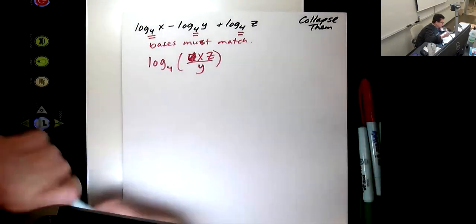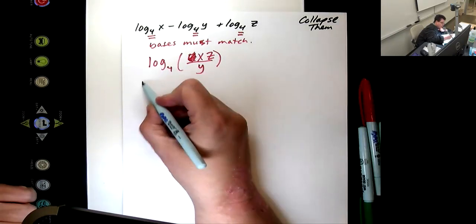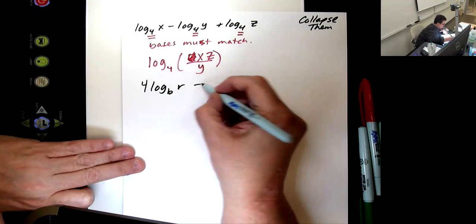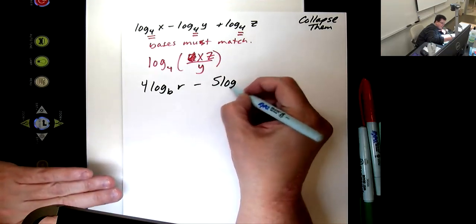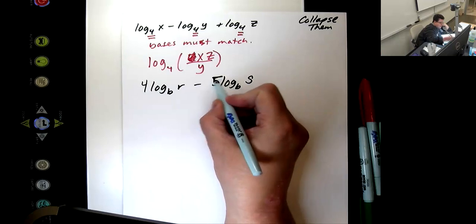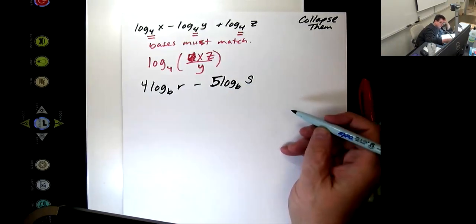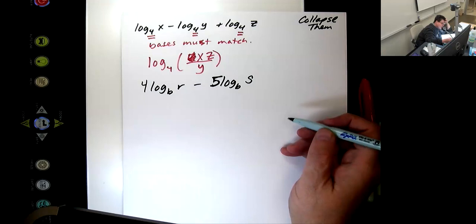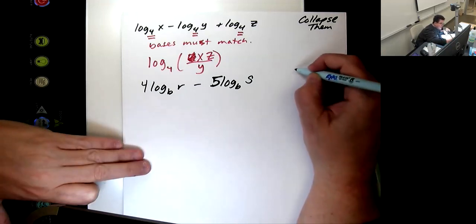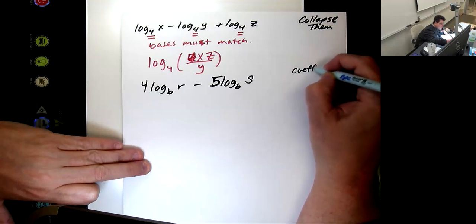Sometimes they make it a little bit harder. 4 log base b of r minus 5 log base b of s. To put these together, they have to have a coefficient of 1.